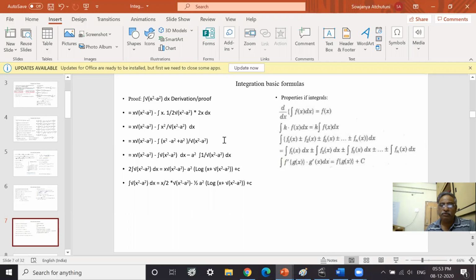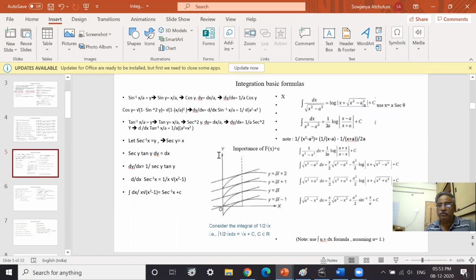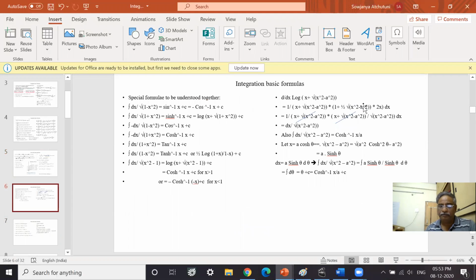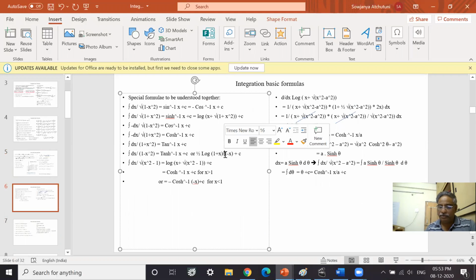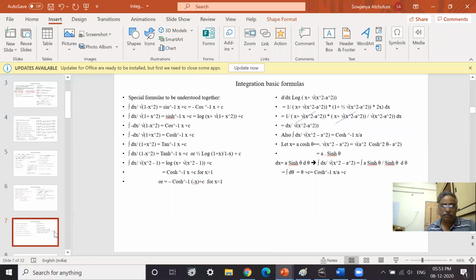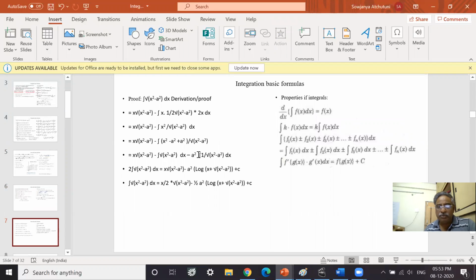We know this formula: the integration of dx by square root of x square minus a square is log of x plus square root of x square minus a square, which we have just learned. So this one becomes a square into log of x plus square root of x square minus a square.